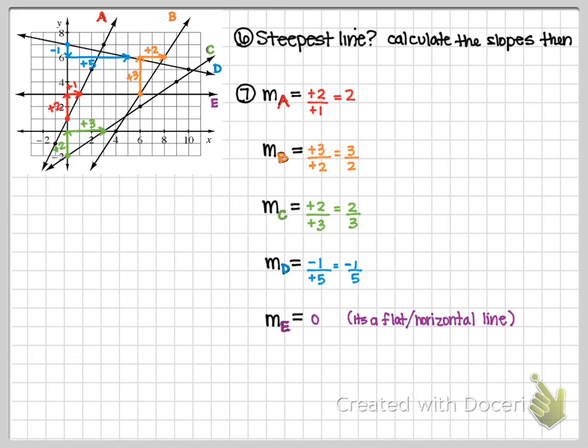Then, ignoring the signs, which line has the biggest number for slope?